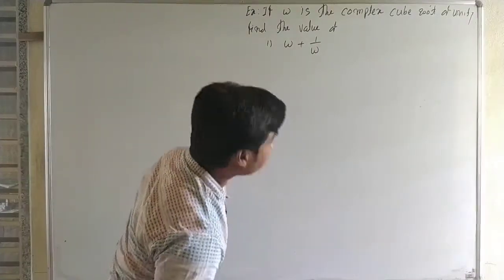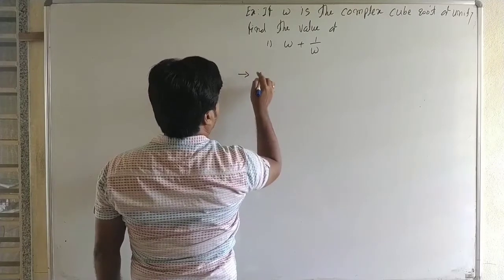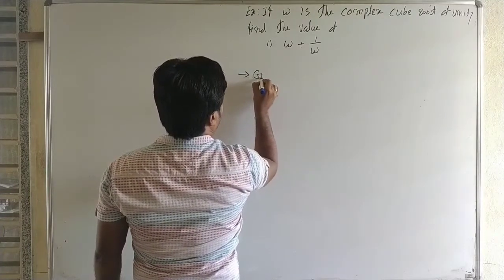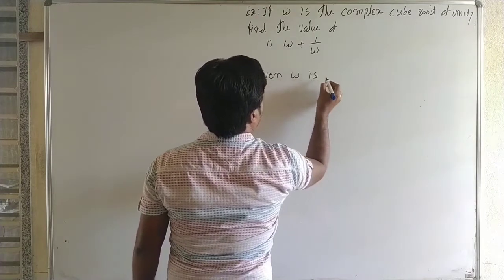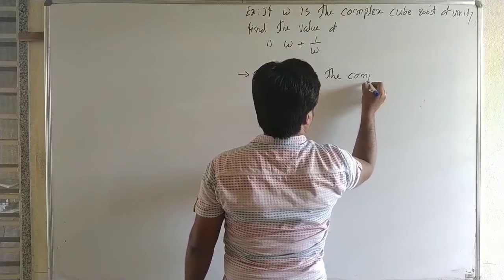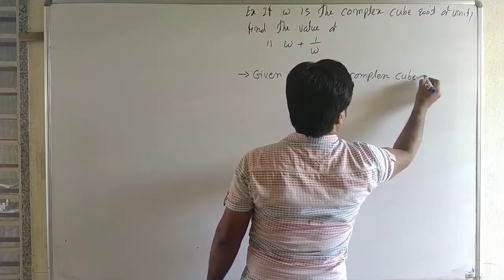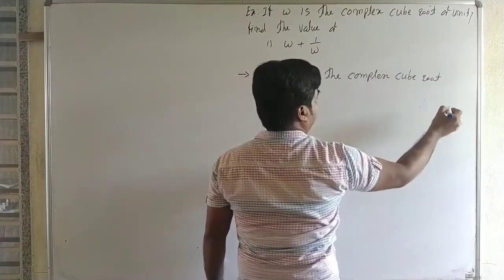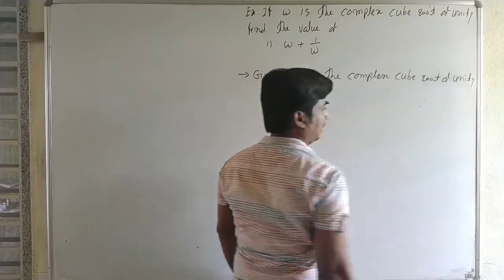Okay, it is the first example. Now it is given that omega is the complex cube root of unity.